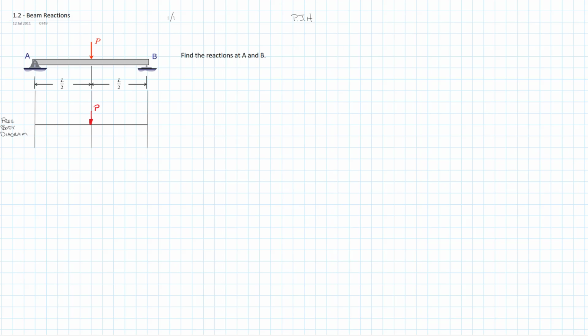And our reactions. So we would do reactions at A. Now this is a pin, so it would have two components of force, an X component and a Y component. We'll break it up into those.